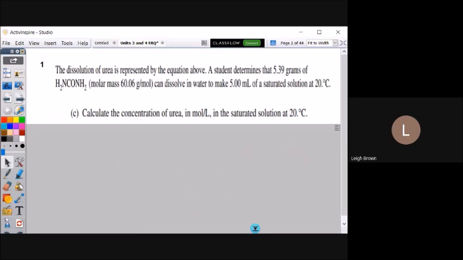Okay, just want to make sure there are no questions about the wording here. So we have a student determines that 5.39 grams of the urea, and there's its molar mass, so that's a hugely helpful piece of information because we might need to use that, can dissolve in water to make 5 milliliters of a saturated solution at 20 degrees Celsius. So our part C is calculate the concentration of urea in moles per liter in the saturated solution.